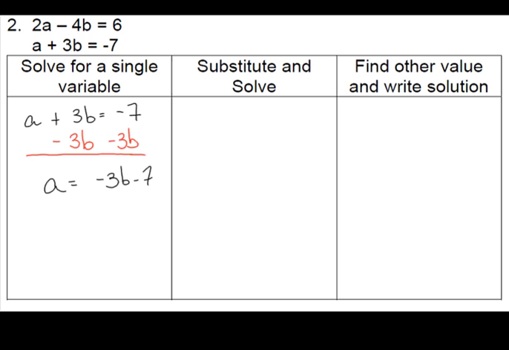I rewrite my other equation, 2a minus 4b is equal to 6. And I realize, hey, I'm going to substitute the negative 3b minus 7 in for my a variable. Goes into here.